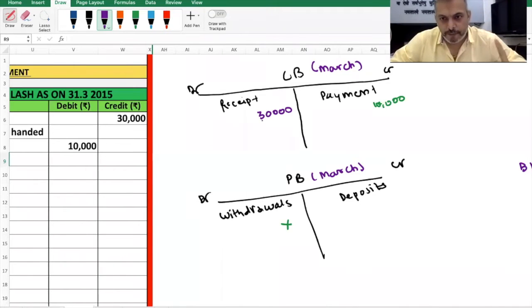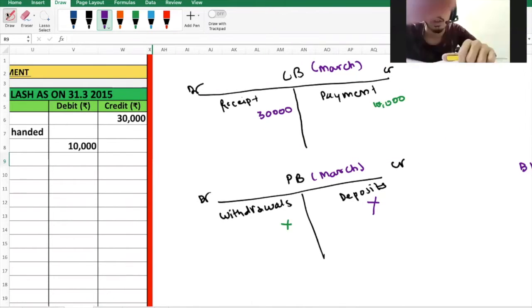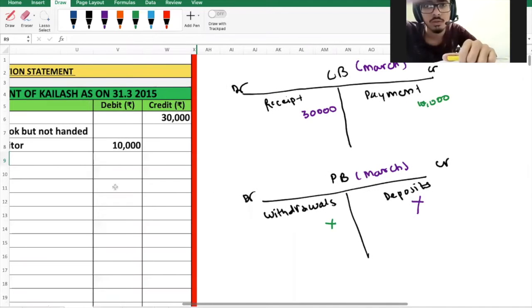This check was deposited in March, तो पासबुक भी हम मार्च का ही कंपेयर करेंगे. बट ये चेक क्रेडिट हुआ अप्रैल में, was credited in the month of April. So in the month of March, this was not credited in passbook. So which side will we record this? Credit side. Very good.